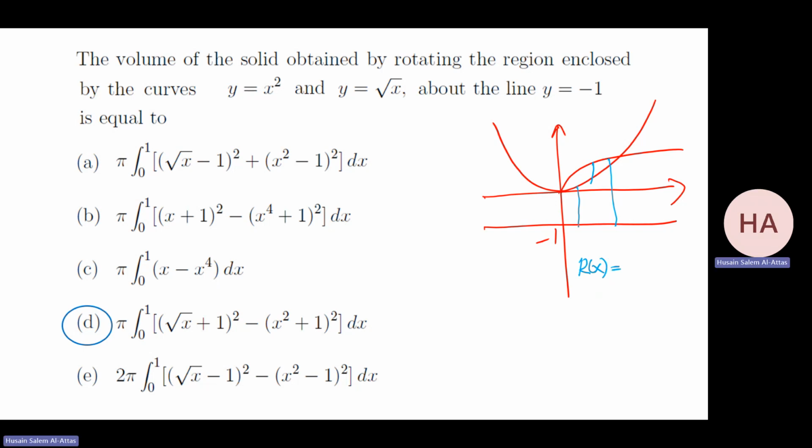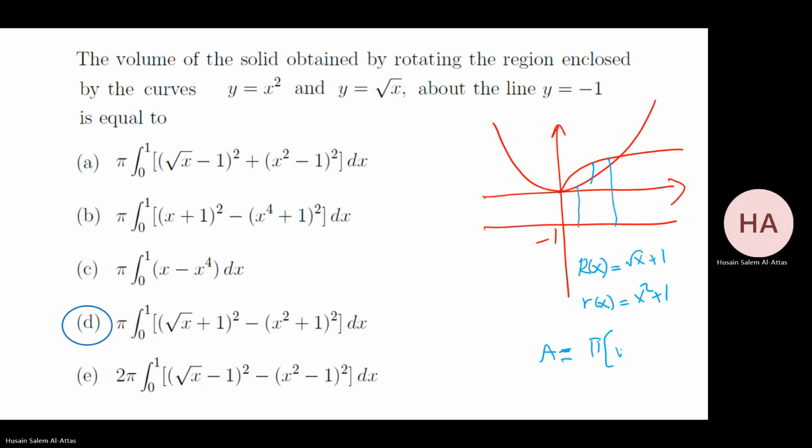The bigger one, which is square root of x plus 1. Small r of x, the smaller one, which is x squared minus minus 1, which is x squared plus 1.